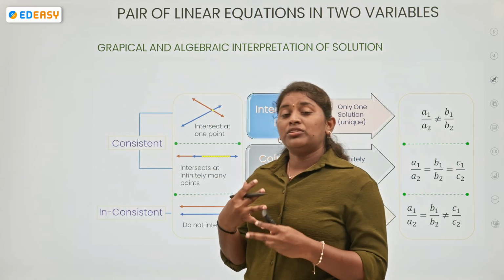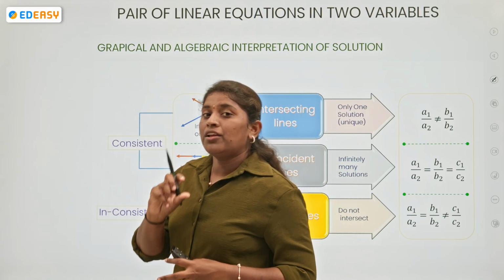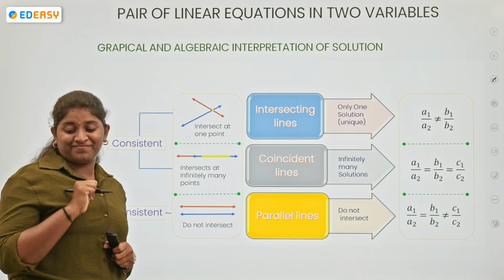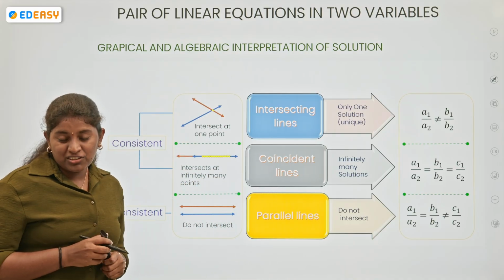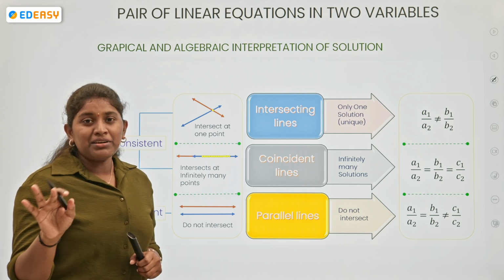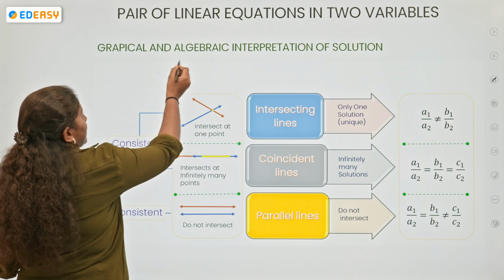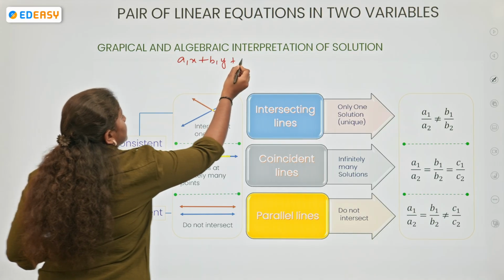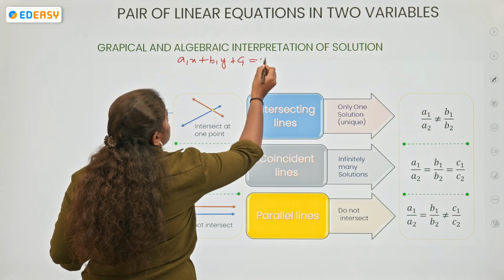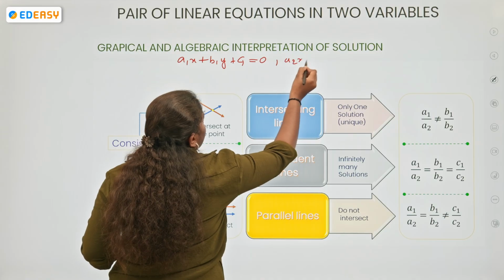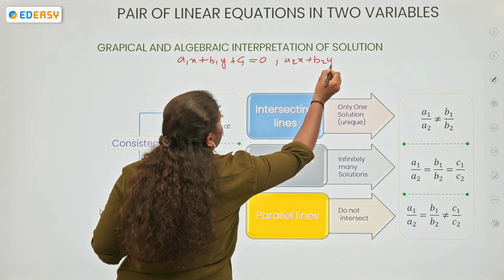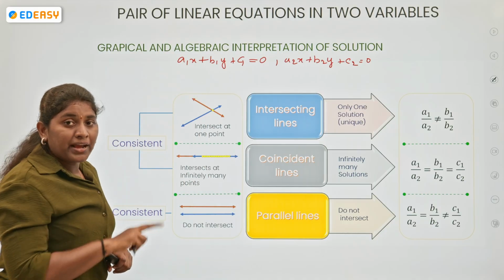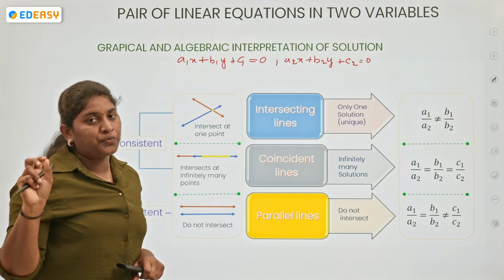Now, what about the solution of a pair of linear equations? Any idea? What is meant by solution? It's simple. If I take my a1x plus b1y plus c1 equals 0, comma, a2x plus b2y plus c2 equals 0, these two are my pair of linear equations in two variables, right?